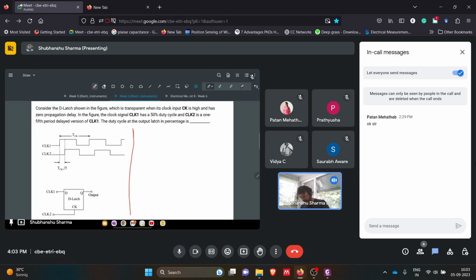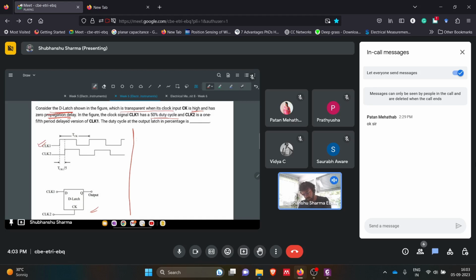The question says: consider the D latch shown in the figure. This D latch is transparent when its clock input CK is high, and has zero propagation delay. So whatever it is given, it outputs at the same time, no delay. In the figure, the clock signal CLK1 has a 50% duty cycle, so it is 50% on, 50% off.